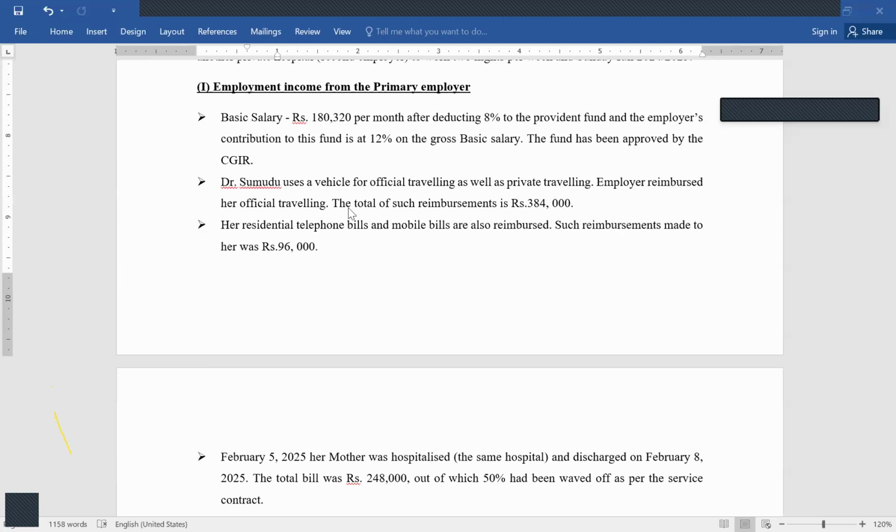The employer reimbursed her official traveling. Is it a benefit to her, or did he just reimburse it? He has just reimbursed it. That means the employer paid the amount she incurred for the purpose of that official tour.